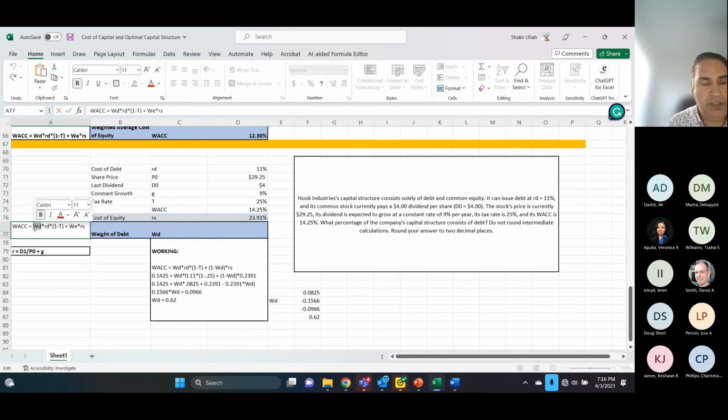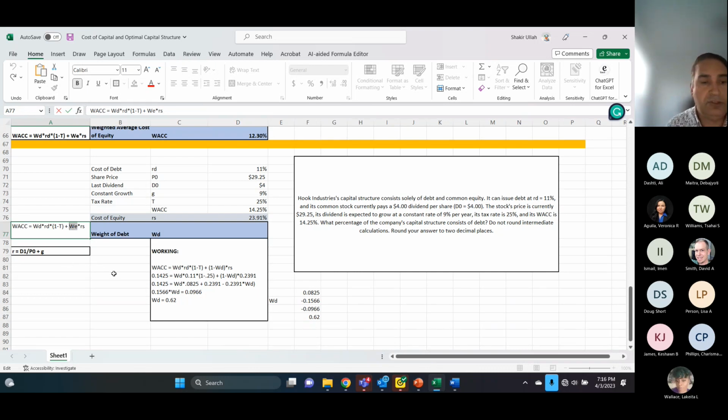Weight of debt is what we need to find. Cost of debt is given. Tax rate is given. RS is what we just calculated, so that is given, and weight of equity is not given. So they don't give us weight of equity, and there are two unknown variables in this formula. If there are two unknown variables, we cannot find them. So we have to do some tweaking.